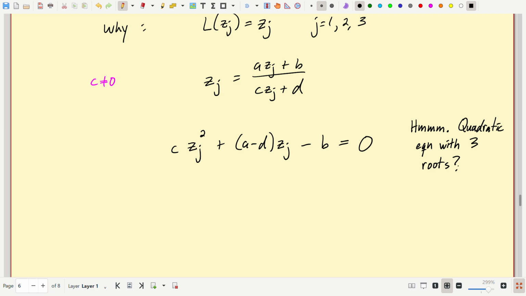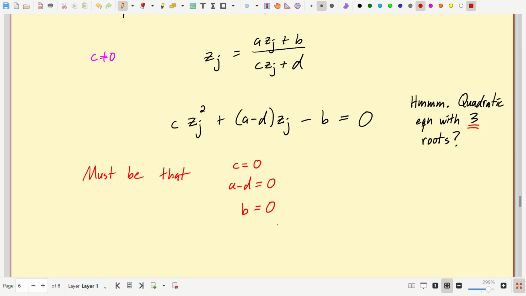Quadratic equations have 2 roots. How can I have a quadratic equation that has 3 roots? There's only one way, and that is each one of those coefficients has to be 0. So it can only happen if C is equal to 0, A minus D is equal to 0, and B equals 0.